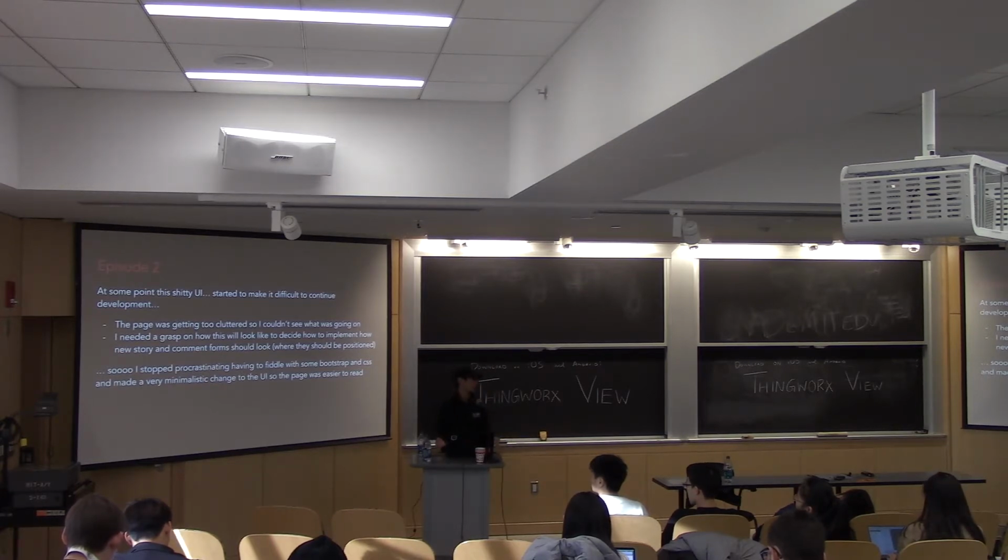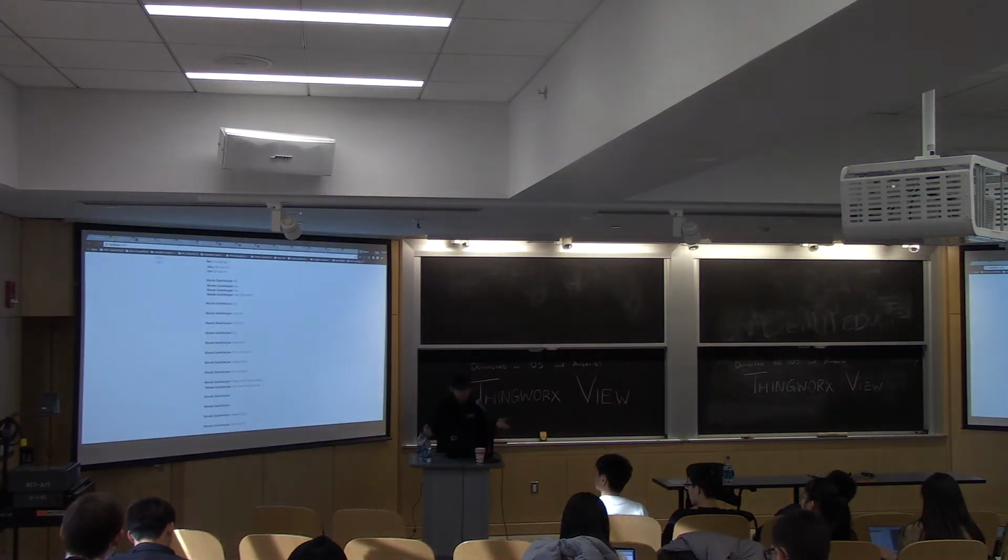So I stopped procrastinating finally, opened up the Bootstrap documentation, made maybe 2-3 hours worth of CSSing, a very minimalistic UI, and changed it to something like this. It's a lot prettier, but at the same time, it's not something you will eventually end up in. It's just an intermediary styling.